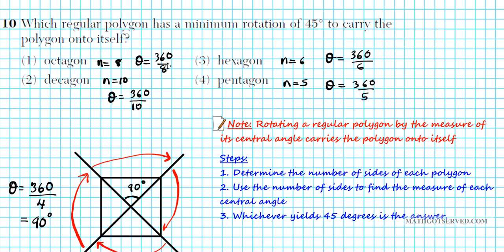All right, so let's do option 1. 8 goes into 36 4 times, remainder 4. Bring down the 0, 8 goes into 40 5 times. Voila! That is exactly what we want. The central angle of an octagon is 45 degrees, which means if you rotate this octagon by 45 degrees, you're going to end up with exactly what you started with. So our answer is option number 1.